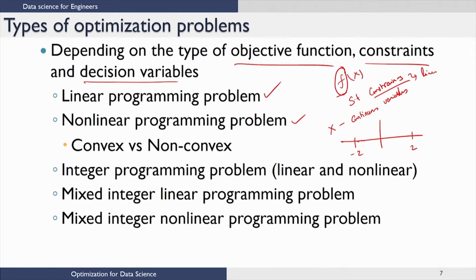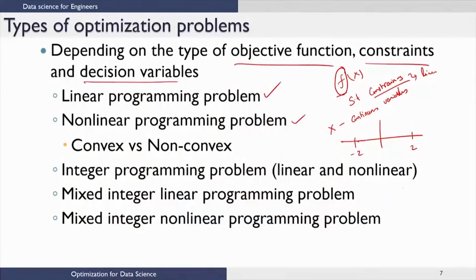Nonetheless, I just wanted to point this out here and also wanted to describe the second type of optimization problem that is of interest, which is the nonlinear programming problem. Till now we have just been talking about the types of objective functions and constraints. However, we have always assumed that the decision variables are continuous.